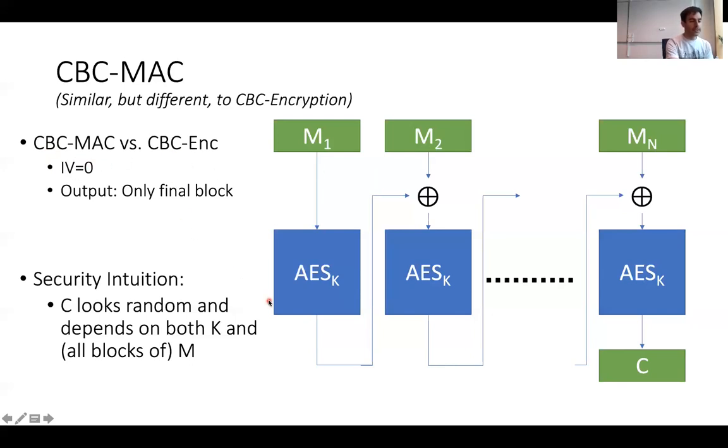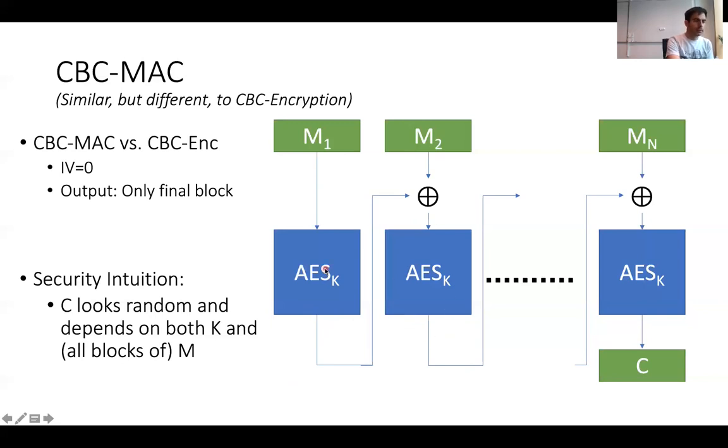And the second main difference is that in CBC encryption, you would output all the outputs of all the AES blocks, because all of these were needed to recompute the message. The ciphertext was as long as the message, and you would need all the blocks to recompute the message. But in CBC-MAC, we're not decrypting, we're only verifying. So we only need the last block. You don't need all the intermediate blocks.